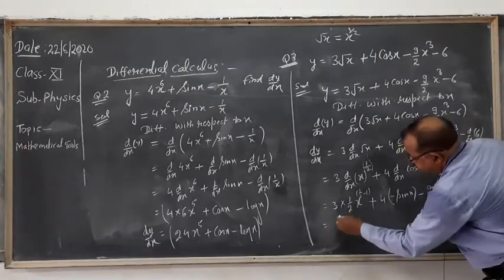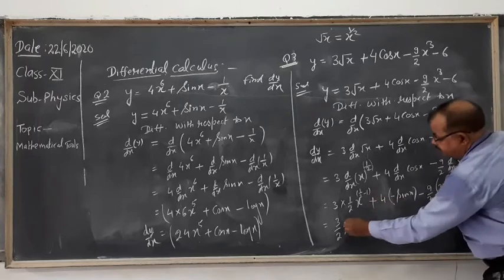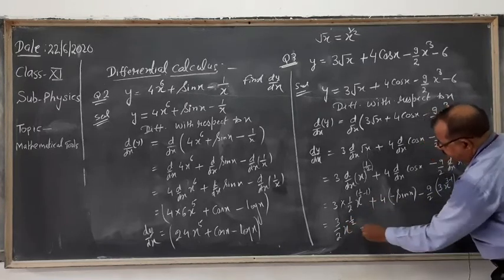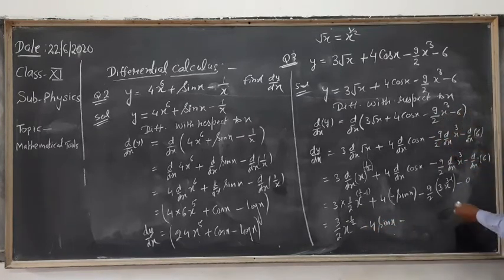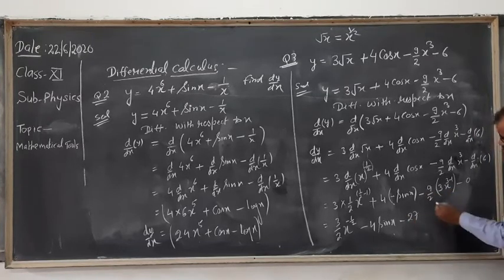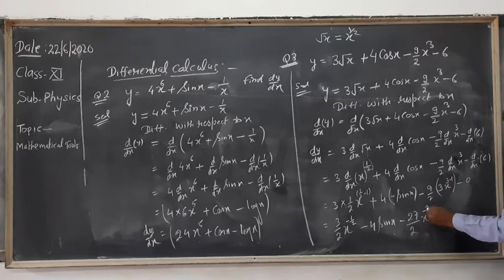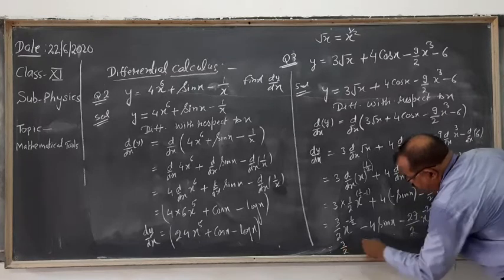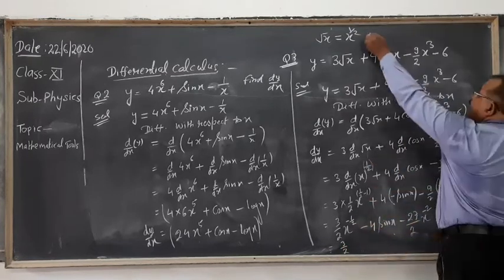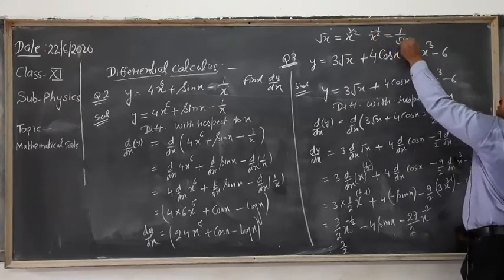Now, here 3 by 2, x to the power 1 by 2 minus 1, it is minus 1 by 2, and 4 into minus 1 is minus 4 sin x. This will be 9 times 3 is 27 divided by 2 and x to the power 3 minus 1, which is 2. This equals 3 by 2, x to the power minus half, and x to the power minus 1 by 2 is equal to 1 upon root x.